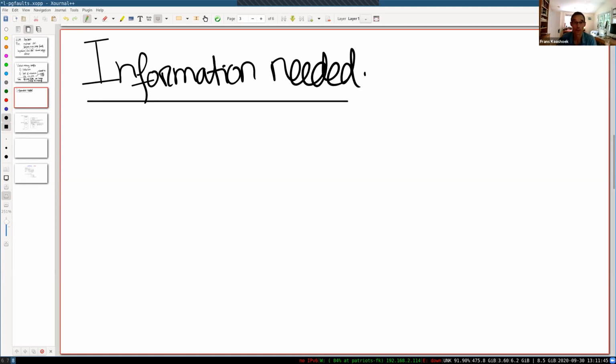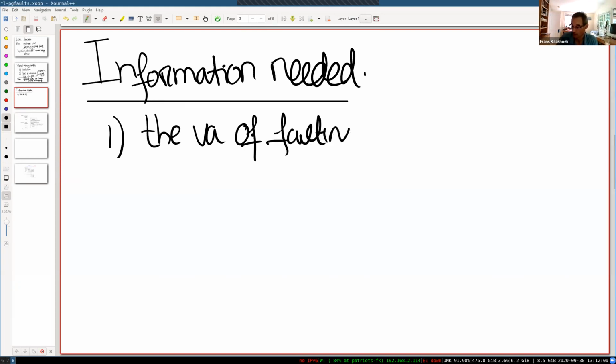Quite obviously, we'd like to have the virtual address of the faulting address, the address that caused the page fault. Actually, what I want to say is the faulting virtual address.